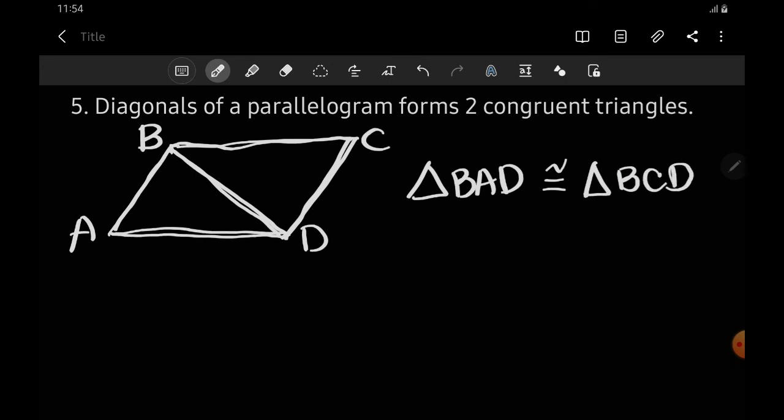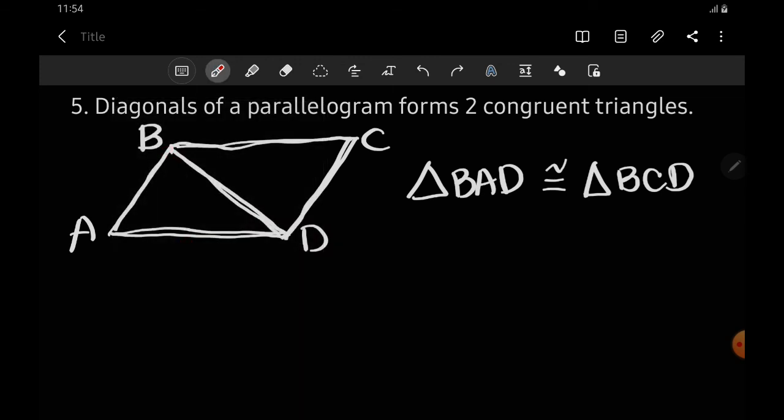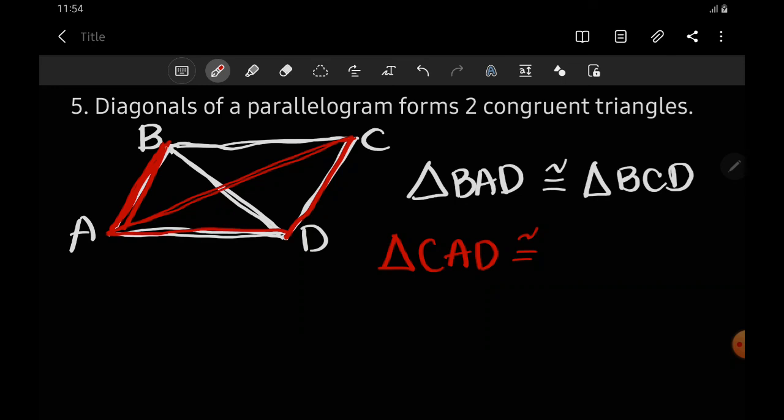Or we can come up with another two congruent triangles if we connect A and C. If we use AC, we have two congruent triangles, which is triangle CAD congruent to another triangle, triangle BCA.